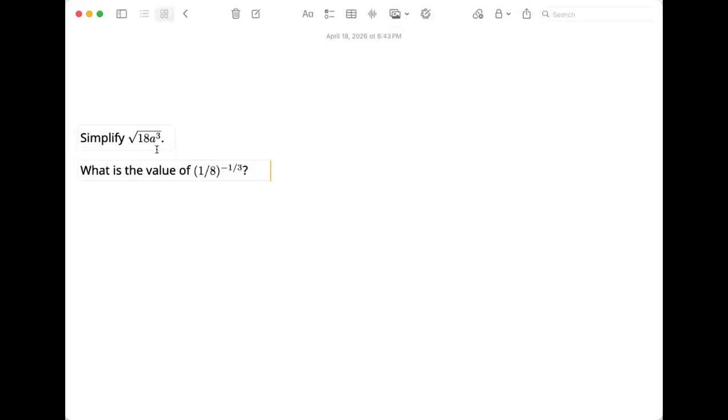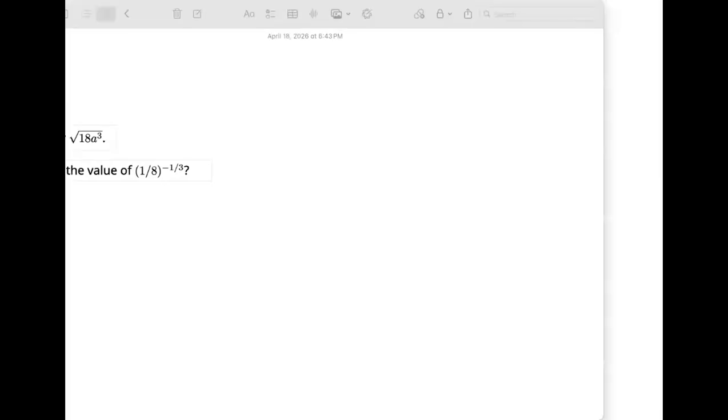Able to do, ma'am? What is the value of 1 by 8 power minus 1 by 3? Tell me, guys. It's a negative exponent, right? Yes, that's my answer too.